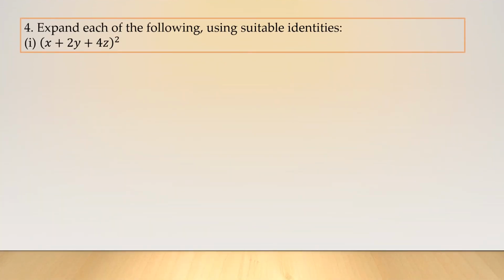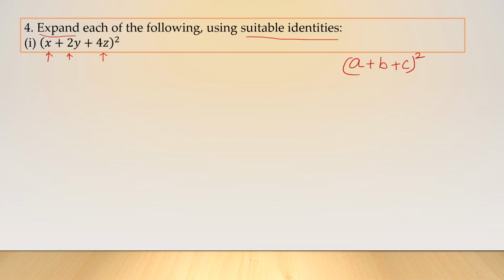Now the next question, number 4, is expand. Here they are asking us to expand. They are not asking us to factorize, right? So expand each of the following using suitable identities. Now just observe how many terms are there. There are 3 terms in the bracket, and there is only one identity which has 3 terms in the bracket, which we started with.